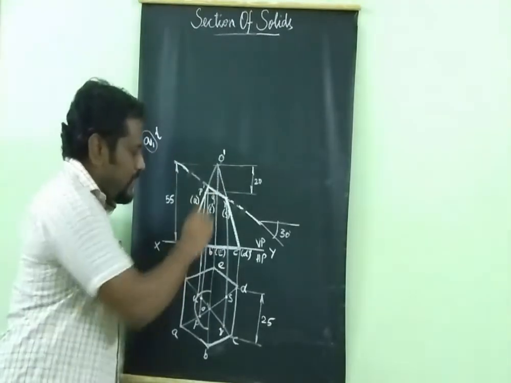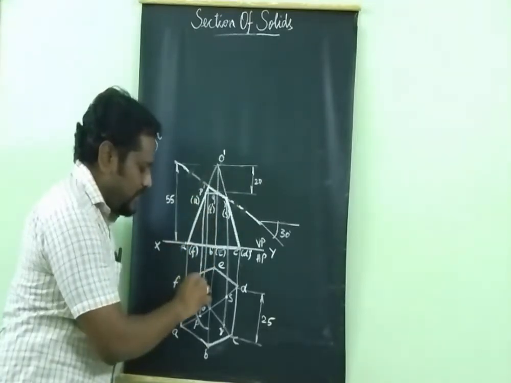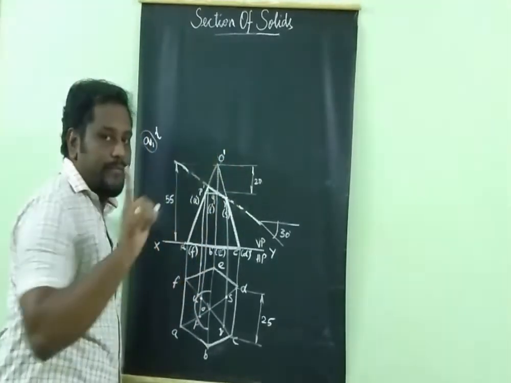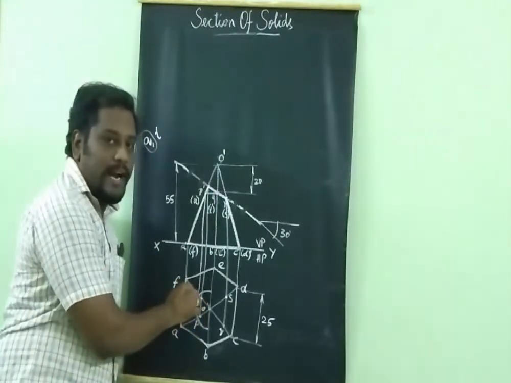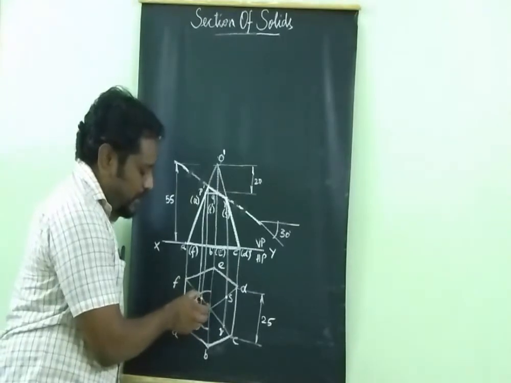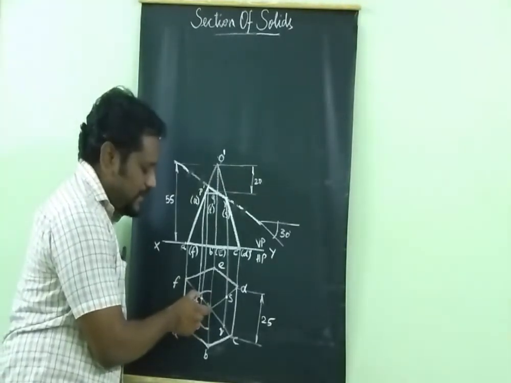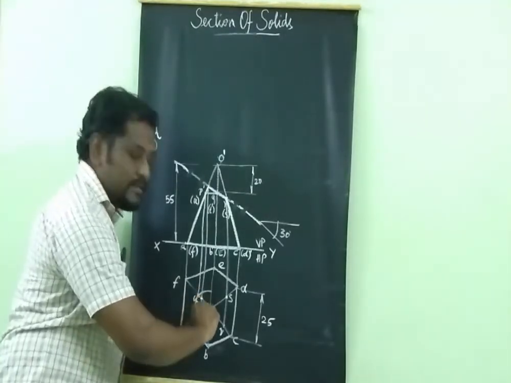Now this point has to be projected vertically downwards up to OA or OF, right? So I am transferring up to OF. Here I am getting another point. From this point to O, measure the distance and make the center as O, draw an arc like this.